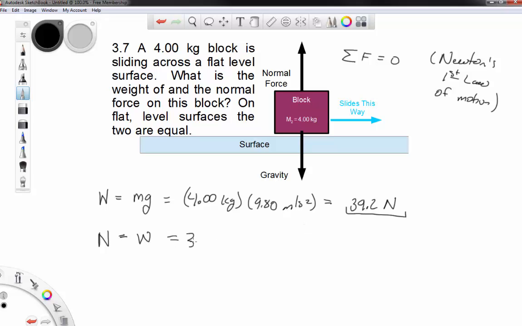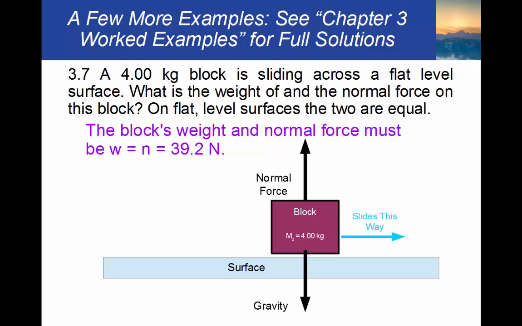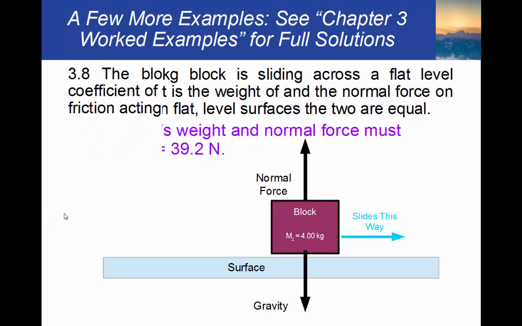And since we just found the weight to be 39.2, that means that the normal force should also be 39.2 newtons. So this 4 kilogram block has a weight of 39.2 newtons. It has a normal force of 39.2 newtons.